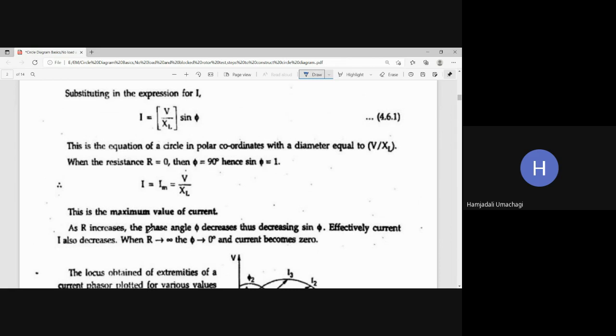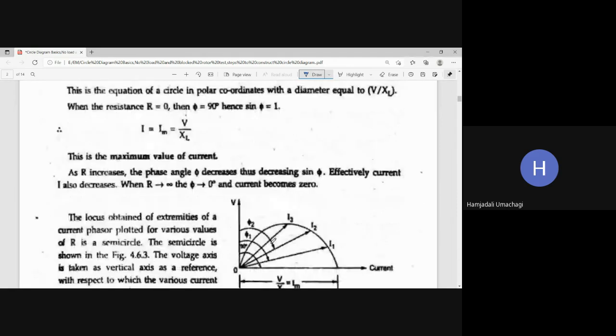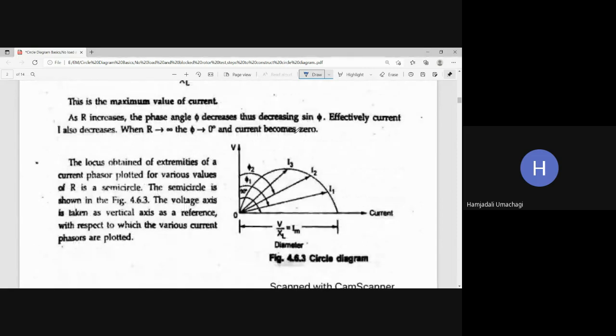As resistance is very, very high, current becomes 0, and for that period the power factor angle phi will be equal to 0. For this condition, resistance is equal to infinity, and finally current becomes equal to 0.